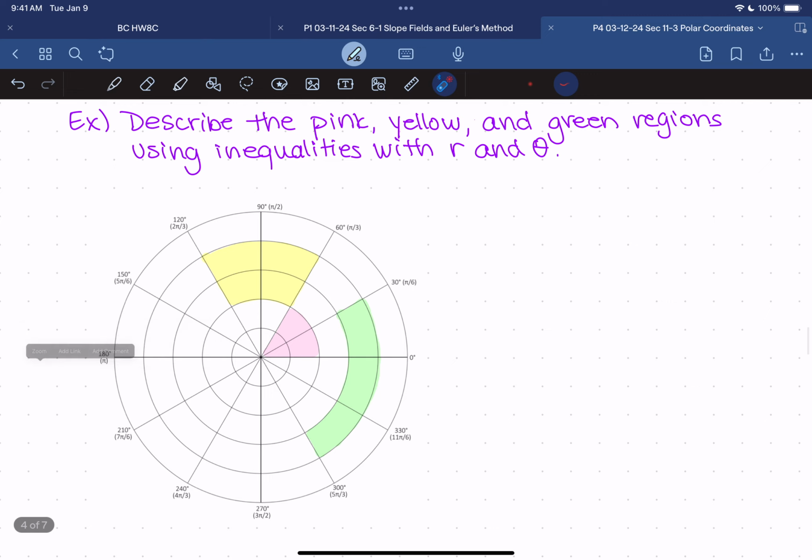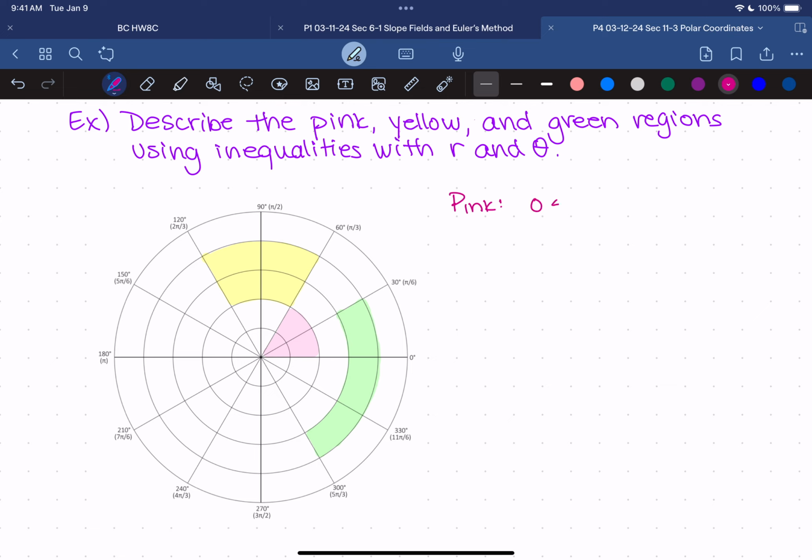All right, now this is kind of prepping us for what we're going to be doing, but think about this. Describe the pink, yellow, and green regions using inequalities with r and theta. Okay, let's look at the pink. We'll do the pink one together. I'm starting with a radius of 0, going out to a radius of 2, and every point in the pink region is between those two radii.